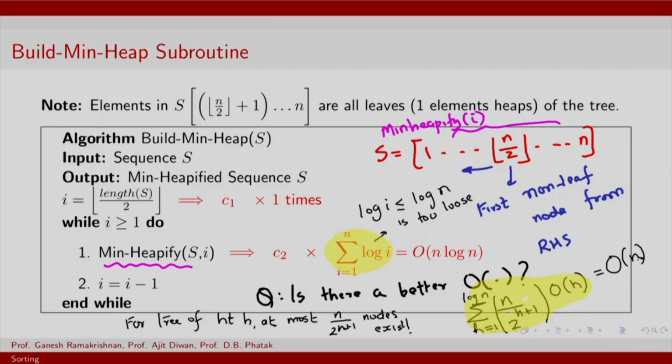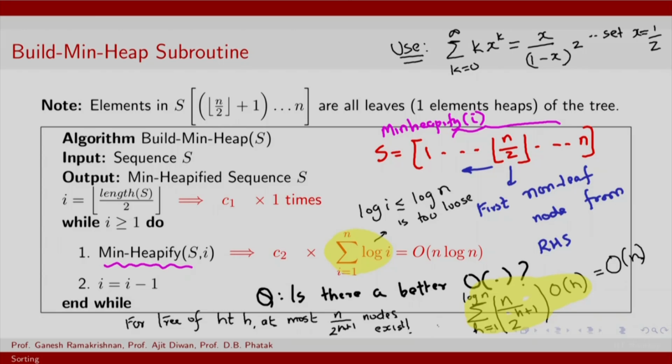So in particular, we have made use of a very important equality, which is summation over k equals 0 to infinity of k times x raised to k is x divided by (1 minus x) square, and in particular we have set x to the value half.